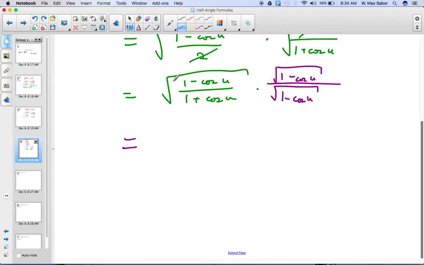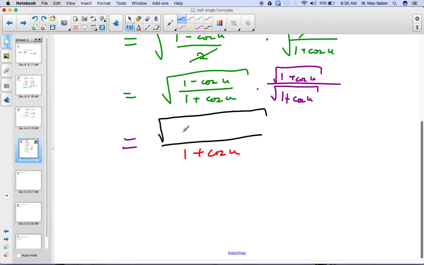In the denominator, we'll take something times itself, and we'll just be left with 1 plus cosine of u. And in the numerator, we'll have the square root of 1 minus cosine times 1 plus cosine.